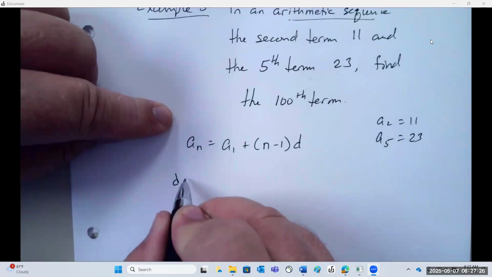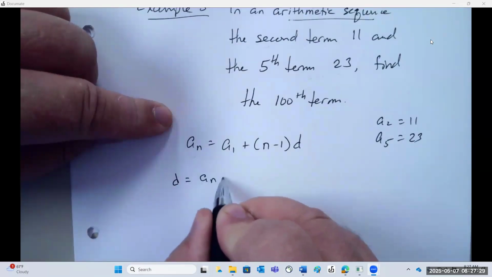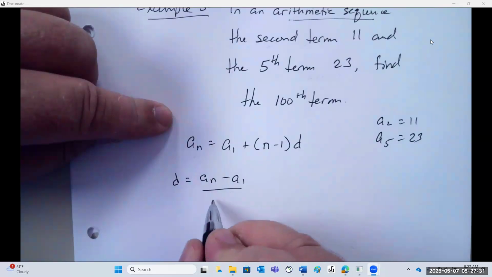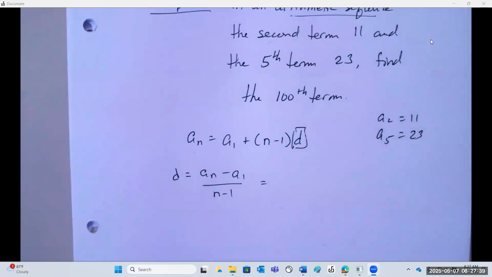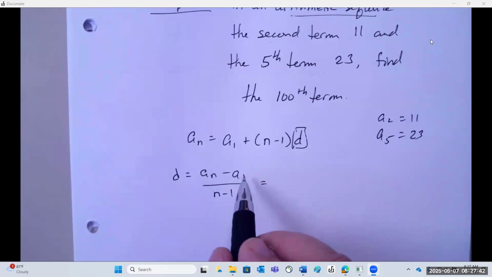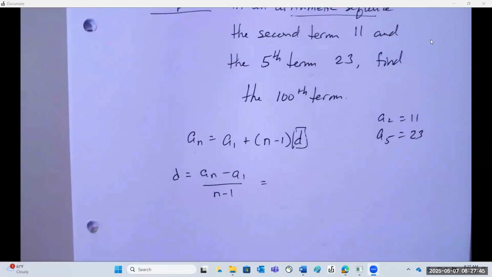Okay, so let's see. D is equal to a sub n minus a sub 1 over n minus 1. Okay. All we did was solve for D. We still have a problem here. We don't know what a sub 1 is. How can we figure this one out?